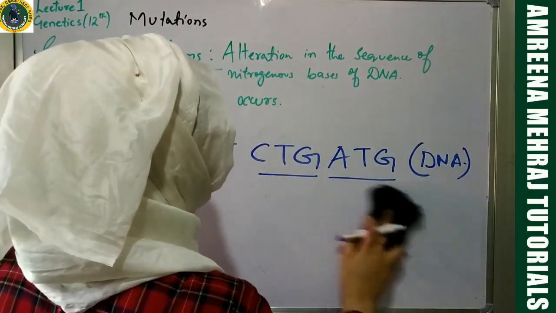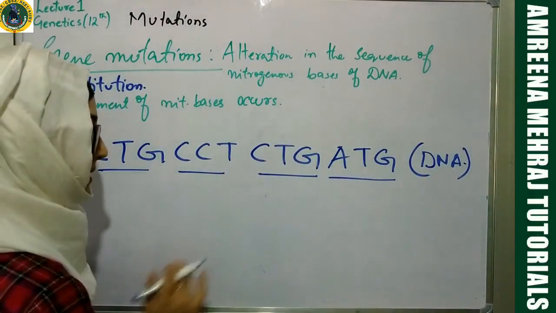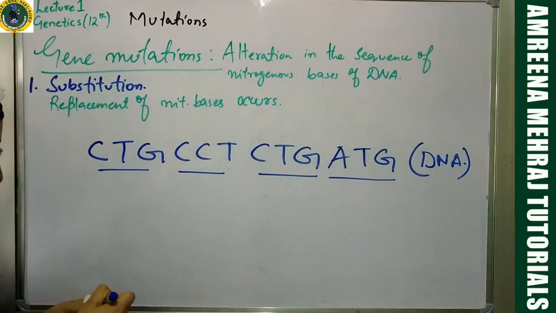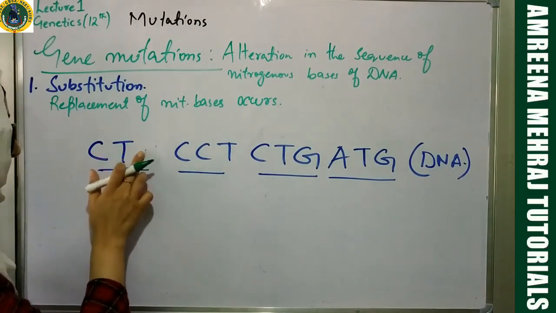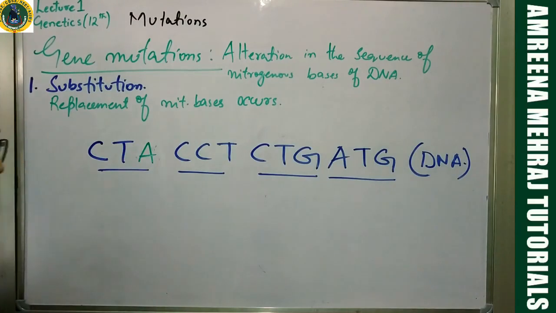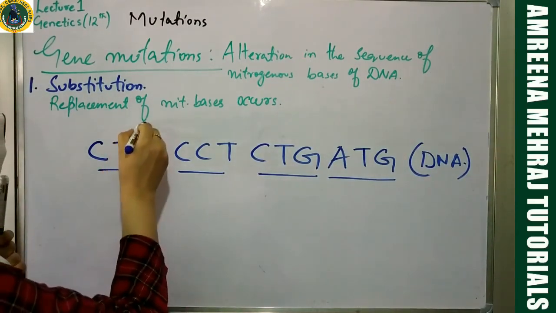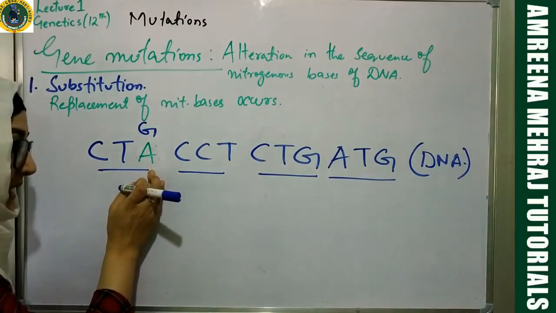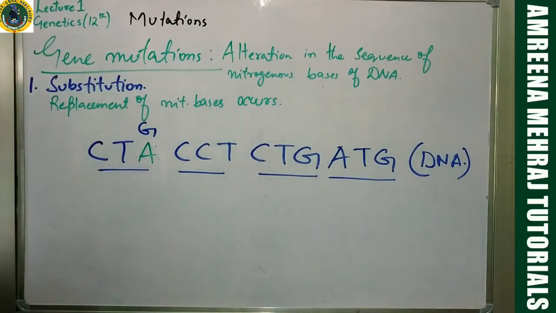Now, you had this sequence in DNA. It was a normal sequence. So this was a normal gene. Okay. Now, what happened? By some error, this G got replaced with A. So earlier, what was present there? It was a G, guanine, which was present over there. It got replaced by adenine. Now, the same gene has undergone mutation. Which type of mutation?